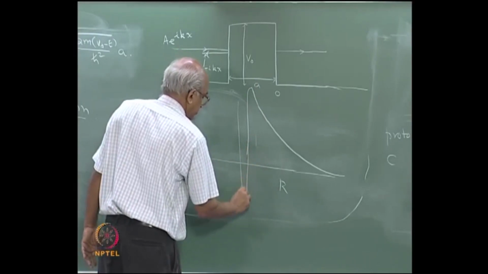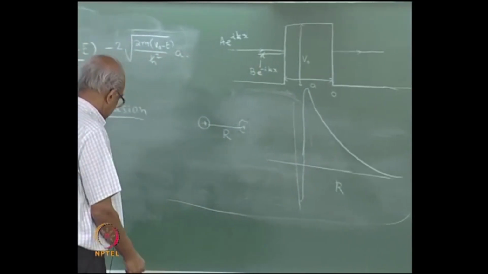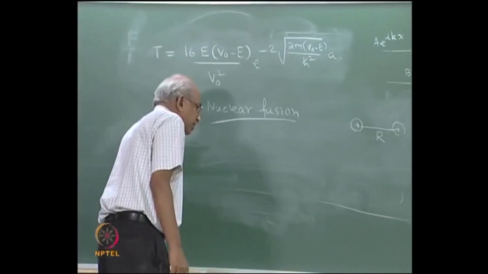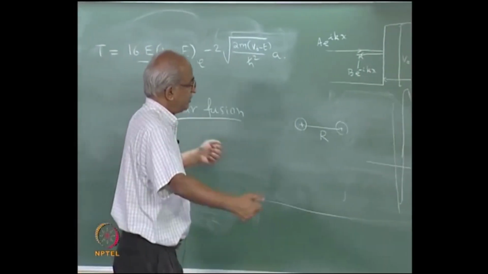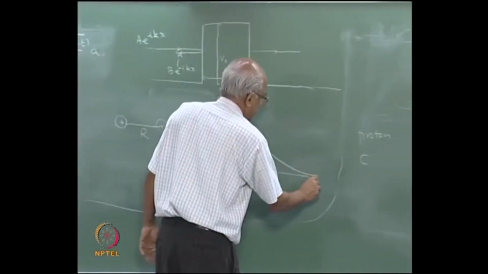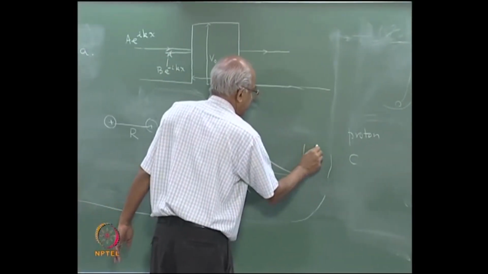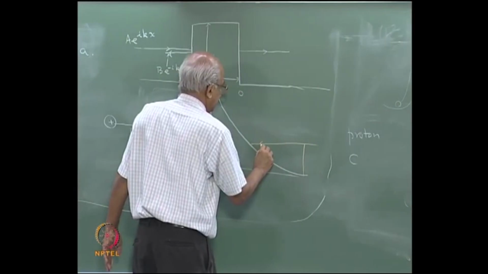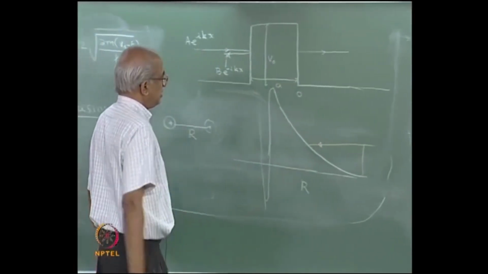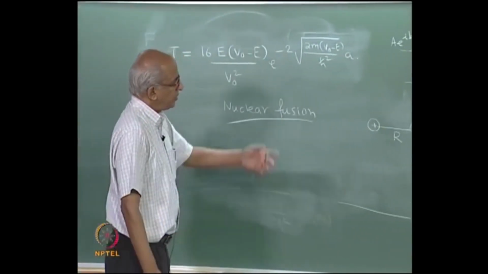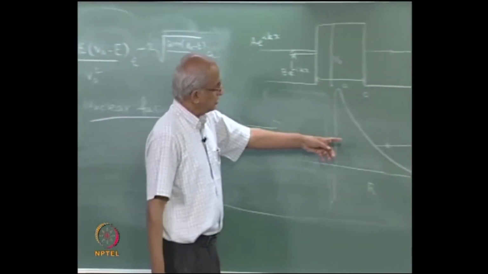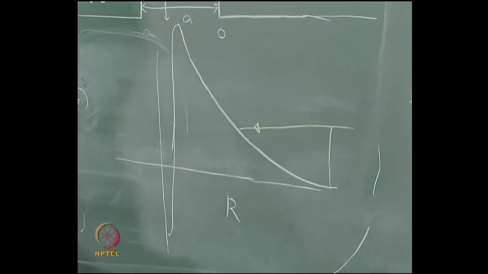It will turn around and come down, and therefore, suppose you are bringing the two nuclei together with a kinetic energy of, let us say, that much. Now, obviously, this is not enough to go over the barrier.